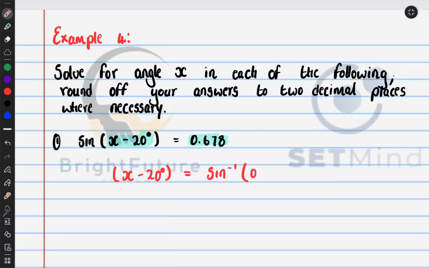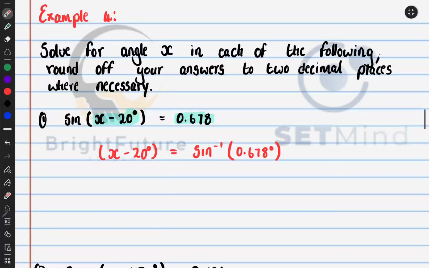We insert the ratio 0.678. Okay, therefore x minus 20 degrees is equal to, let's evaluate sine inverse 0.678. That is equal to 42.69 degrees.